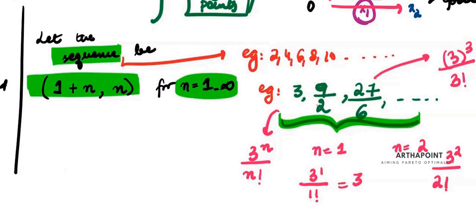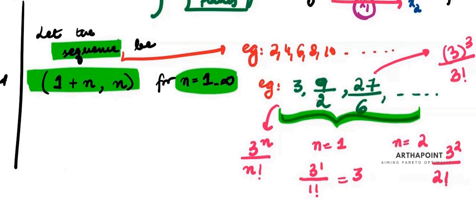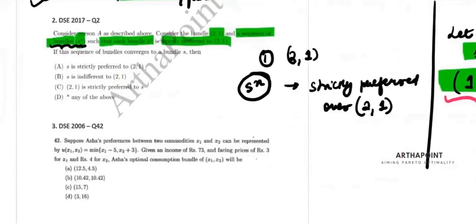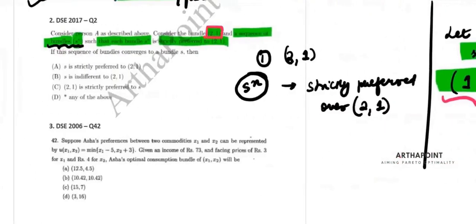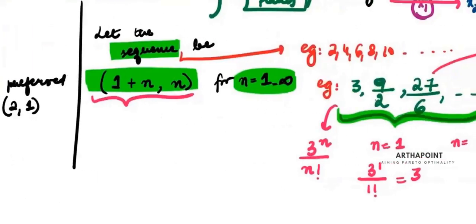Now, there are 2 ways to solve this. If you are not given any particular sequence, any particular pattern, then you will try and create a sequence such that you are able to get this bundle (2, 1). So for example, when I put n equal to 1, I will get (2, 1).